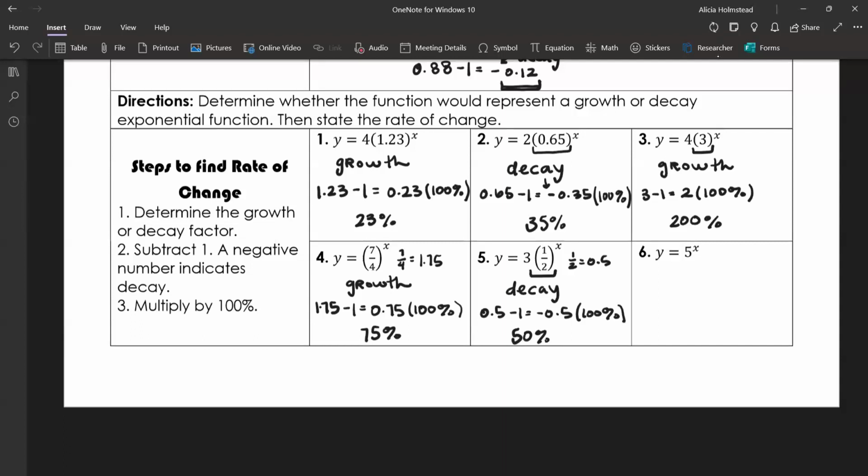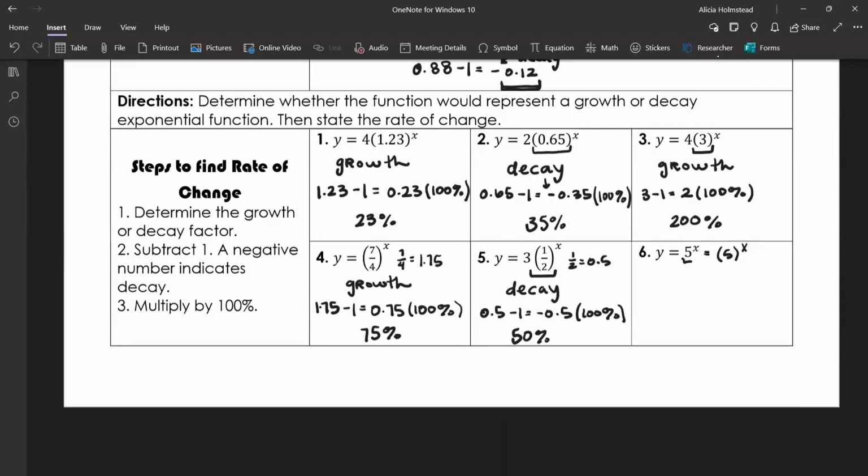Final one, this one's a little bit strange. Because we're used to all of the ones up to this point having parentheses in them, but this 5 really is just the base of the exponential. We could rewrite this as the 5 in parentheses to the power of x, and they mean the exact same thing. So we'll solve it that way.